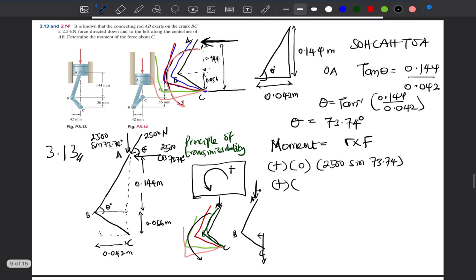So this position will be 0.144 plus 0.056, and that should be 0.2 meters. So 0.2 meter will be our perpendicular distance. Then we are going to write our force. That's 25 cos 33.74.